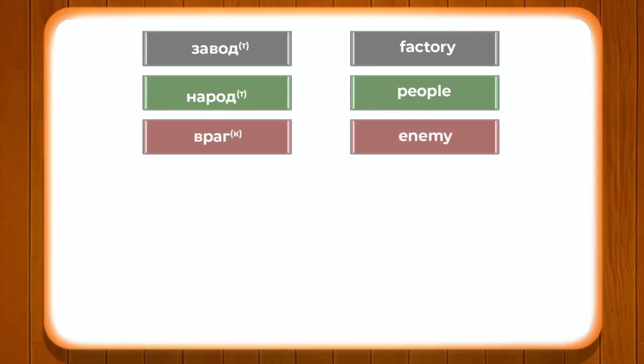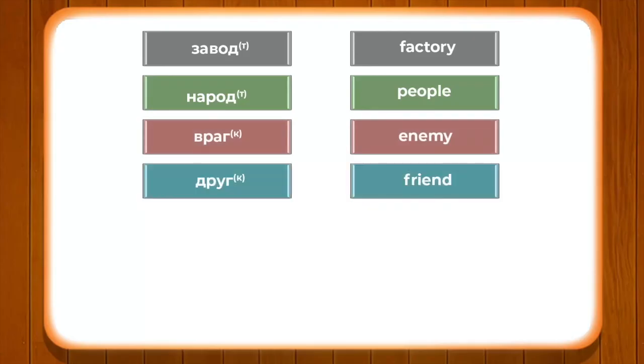In vrag, you will see that ge is changing into ke. Vrag, the sound is ke at the end. Likewise, in the word druk, again the sound of ge is changing into k. So, when I listen to this word, I feel that it ends with the letter k.